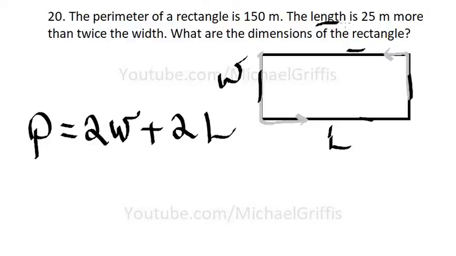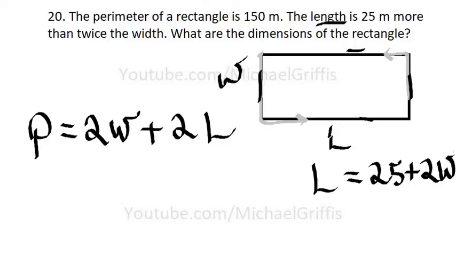It says here that the length is 25 meters more than twice the width. So the length is 25 meters more than twice the width. So now we have a relationship. We can get this thing all in terms of one variable. Our perimeter is 150 meters.